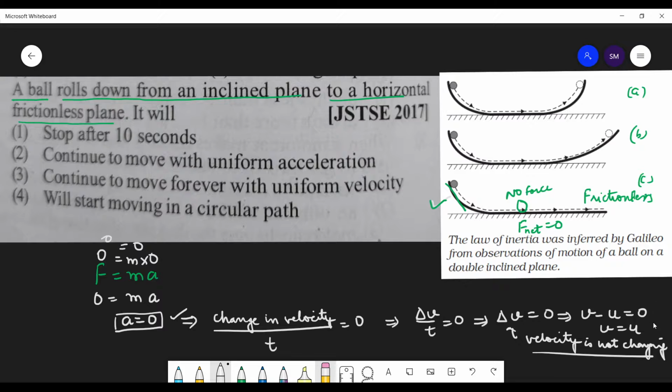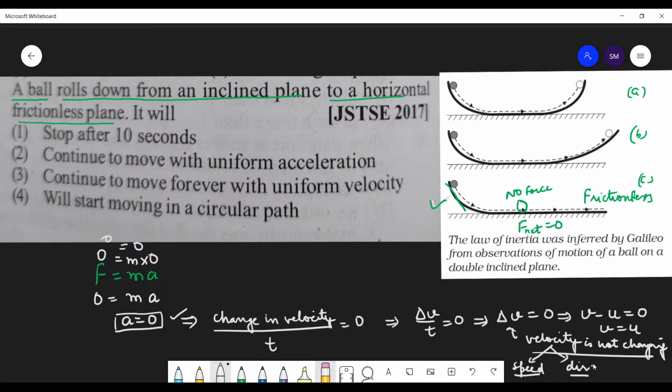If I'm telling you that the velocity is not changing, what does this mean? You are moving in a car and I'm telling you that the velocity is not changing. It means velocity is a vector quantity. So velocity has magnitude, and its magnitude is known as speed, and velocity has direction also. If velocity is not changing, it means the speed of the car is not changing and the direction in which it is moving is also not changing.